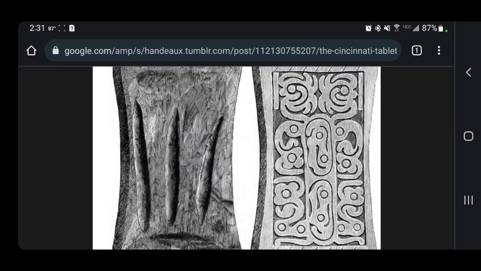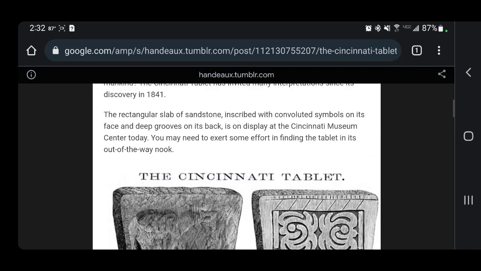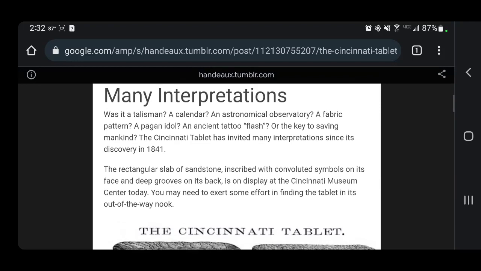The back of it has these 3 notches in it, and what they're saying is that this would be a great way to sharpen a bone needle. And that if this wasn't used for tattooing, it was probably used for some other type of needlework or leather work or fabric or something having to do with a needle. So that is the most likely explanation given by the research that I have done.